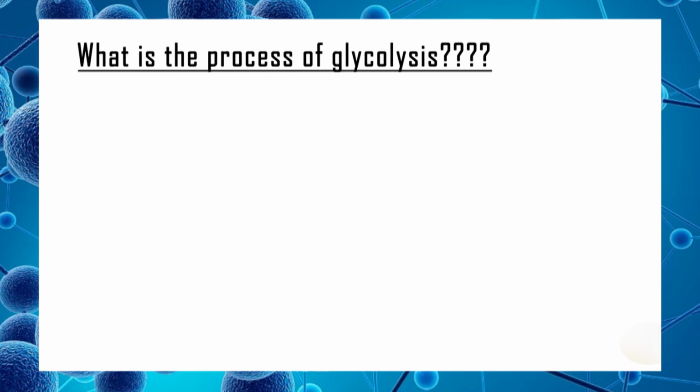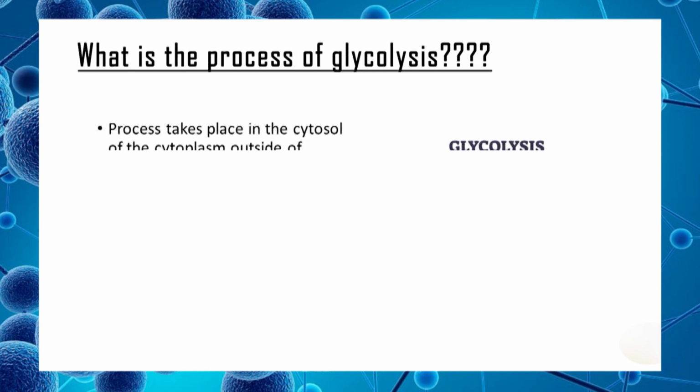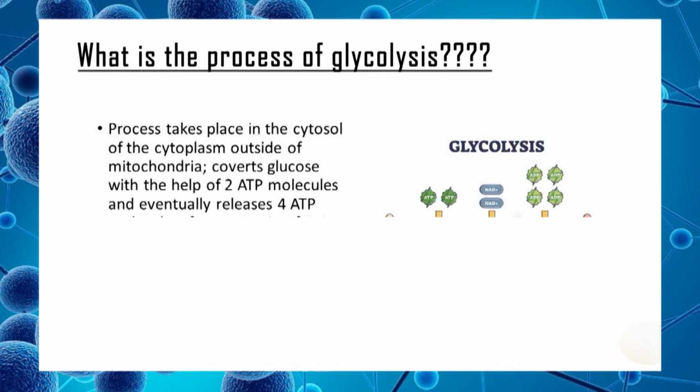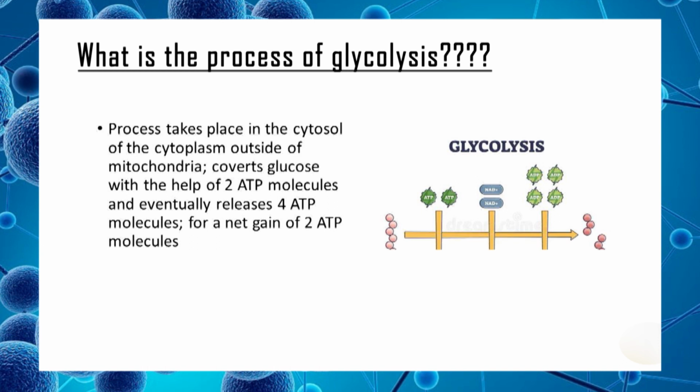The process takes place in the cytosol of the cytoplasm, outside of the mitochondria, converts glucose with the help of 2 ATP molecules and eventually releases 4 ATP molecules for a net gain of 2 ATP molecules. So, this is the process of glycolysis. You can see it in the cytoplasm or cytosol.